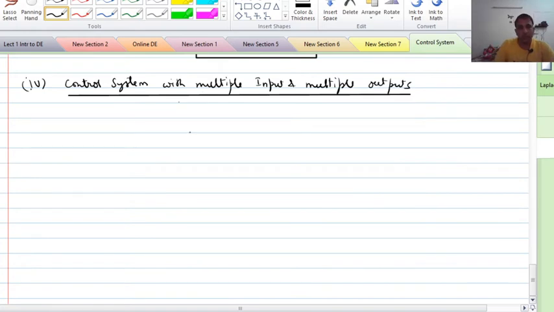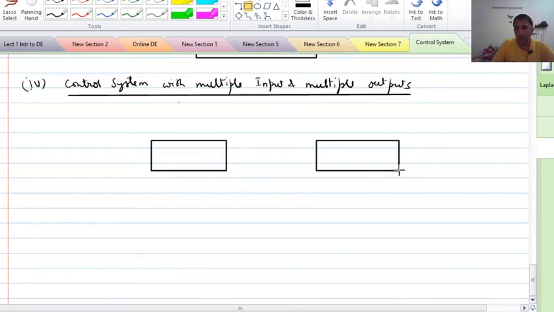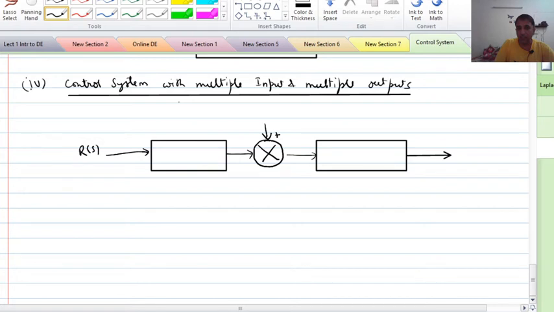The fourth case is the control system with multiple inputs and multiple outputs. Suppose we are using a system like this, which contains two blocks and one output with two inputs: one is at this position, this is your Rs, and another is at this position, this is your U1s, and this is G1s, and this is G2s.